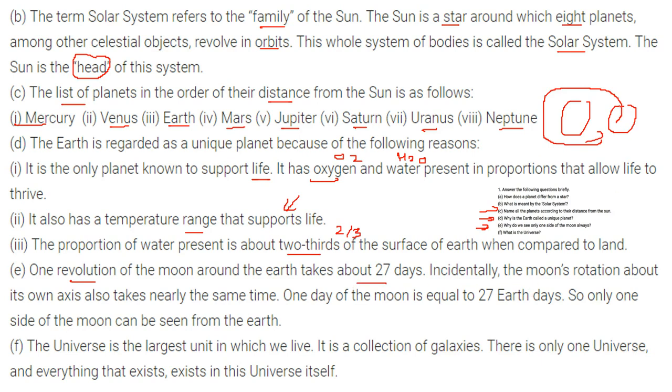So the moon is rotating about its own axis also. So the times are nearly the same. 1 day of the moon is equal to 27 days on Earth. So they are almost similar. That's why only one side of the moon can be seen from the Earth.